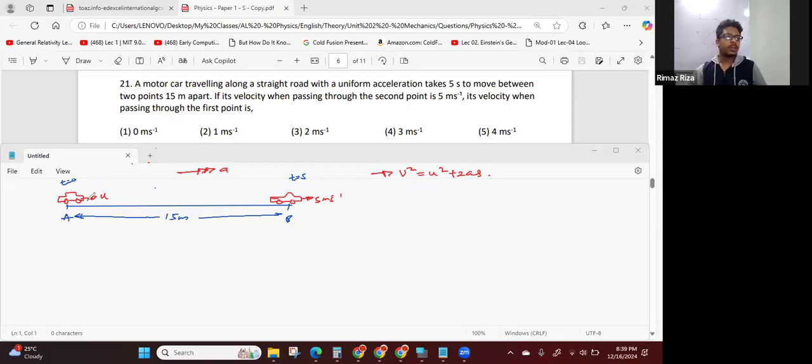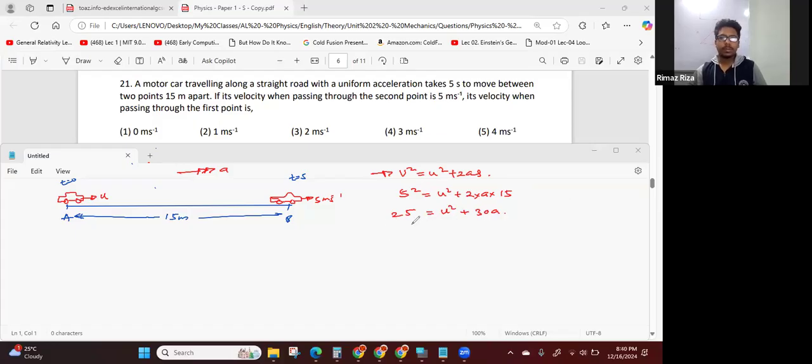We want to find the u here. So v is 5, 5 squared equals u squared plus 2 into a into displacement, which is 15. So therefore 5 squared is 25 equals u squared plus 30 times a.